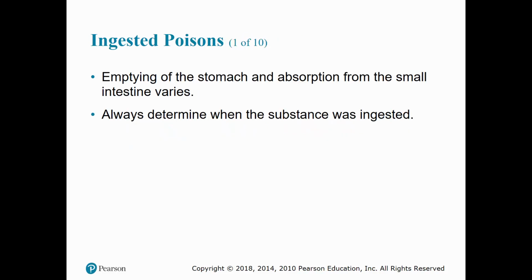Now, when a patient has ingested a poison, the main thing that we want to try to do is empty the stomach of its contents, so that way not as much is absorbed through the intestinal tract. We want to try to determine when the substance was ingested and what type of substance was ingested, so we know what exactly to provide for the patient.